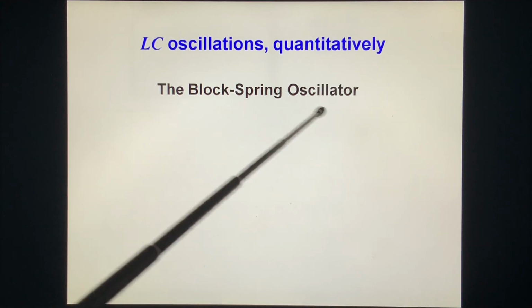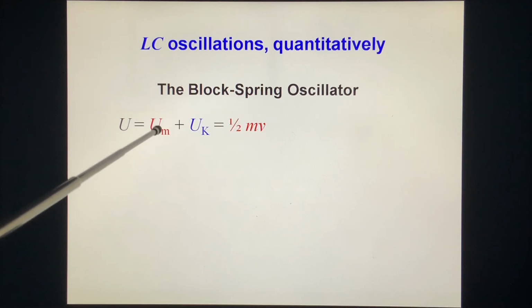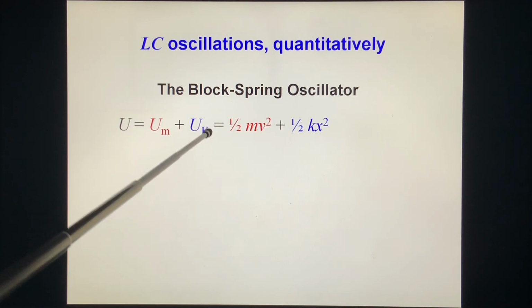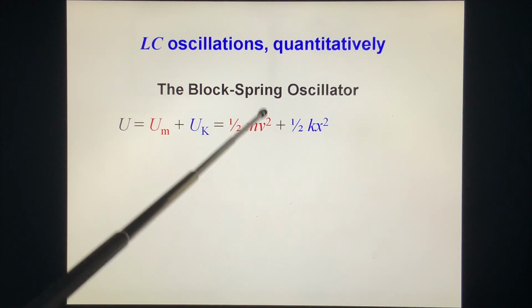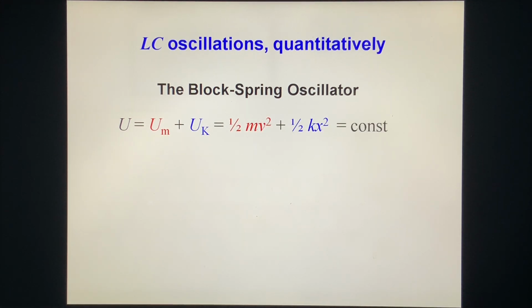LC oscillations, quantitatively. For the block-spring oscillation, U equals U of the mass plus U of the spring. This is the kinetic energy of the block, and this is the potential energy of the spring. The total is constant. Suppose there is no resistance, no friction. Then dU/dt equals 0.